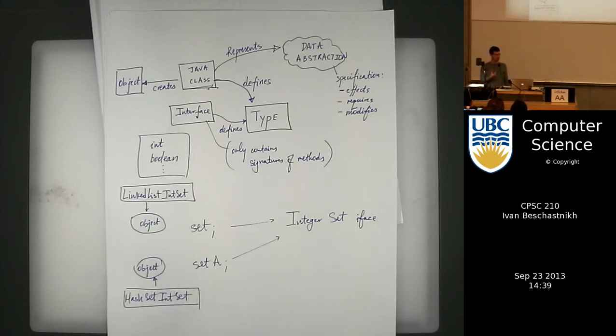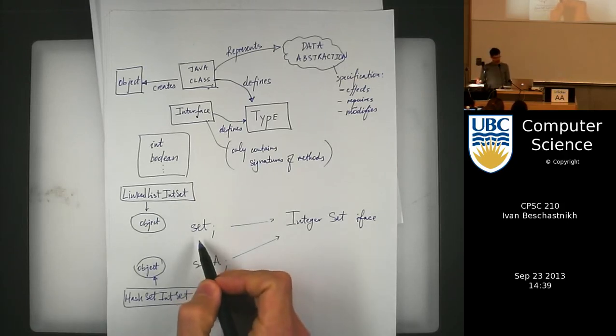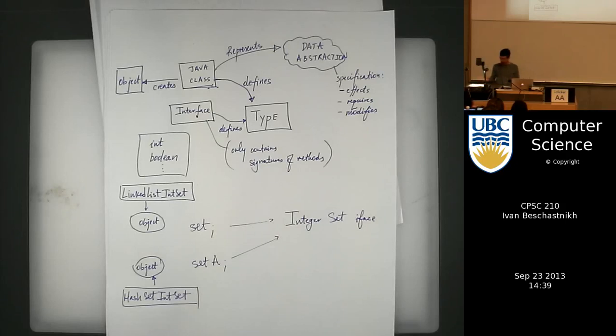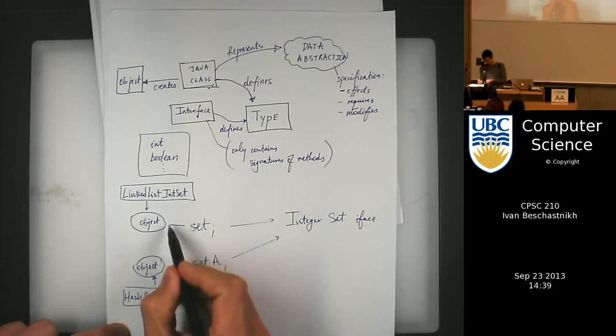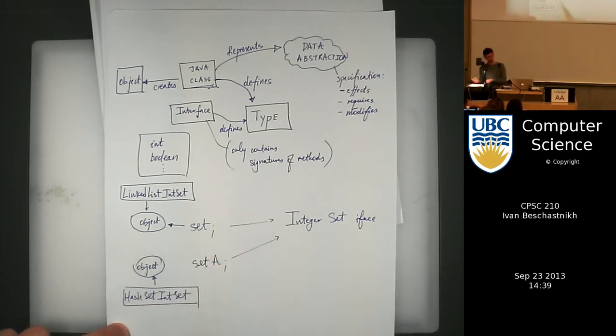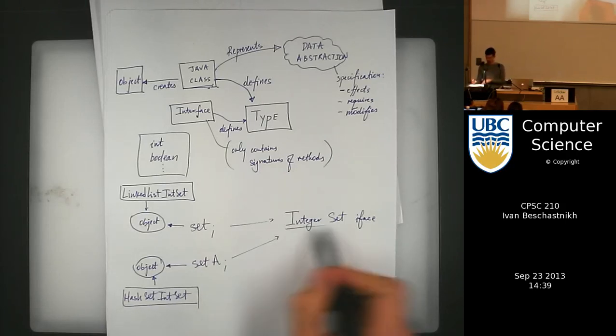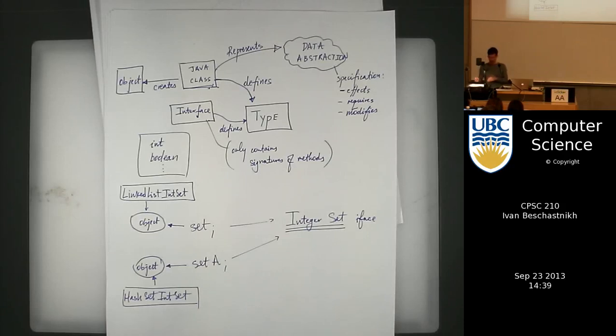You can only see them when you're actually running the program. So my set refers to the linked list, that's what it points to. My set A refers to this object. But they see a very constrained version of that object because their type is integer set.